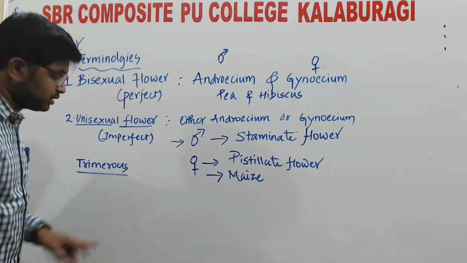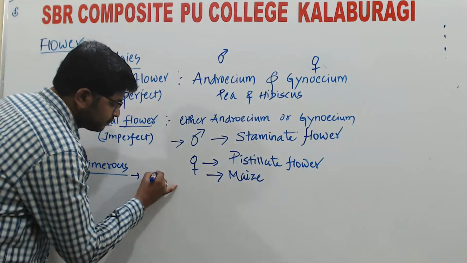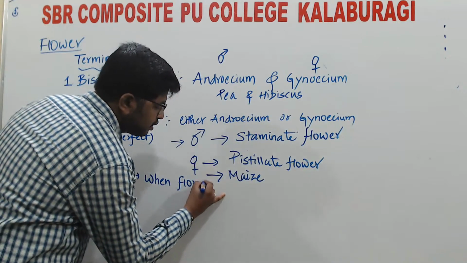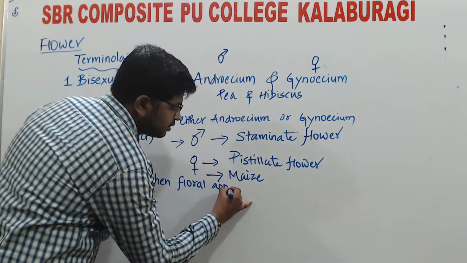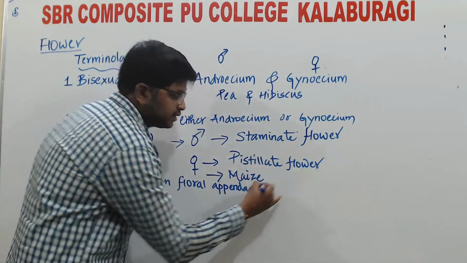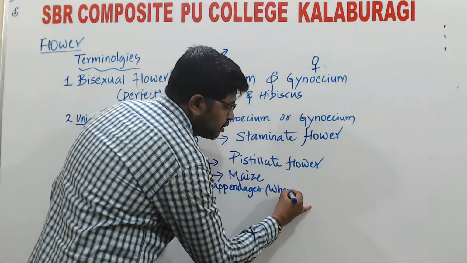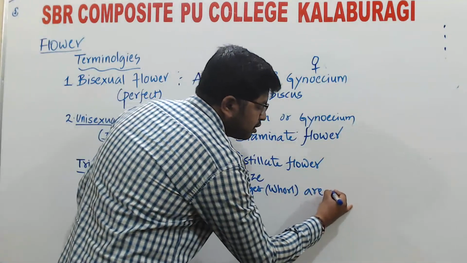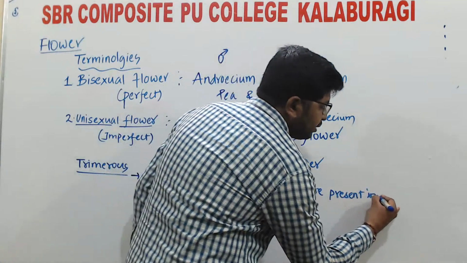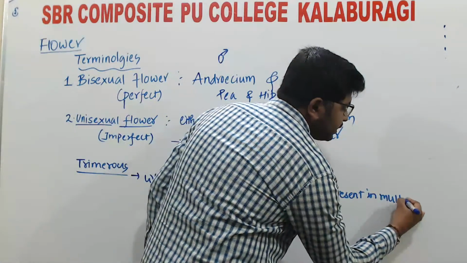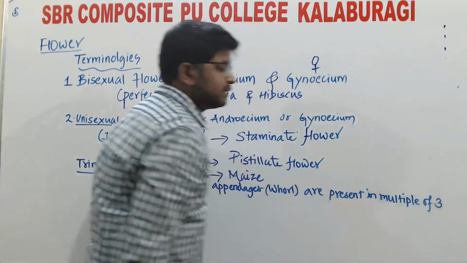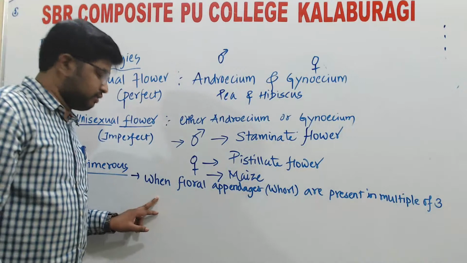What is trimerous? When floral appendages or whorls are present in multiples of 3, we call it a trimerous flower.